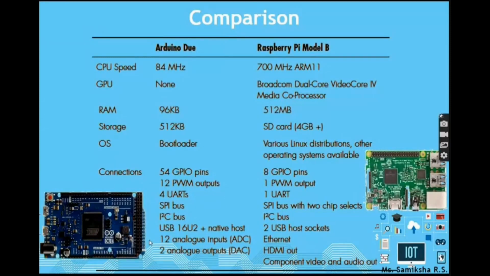Then USB native host is there over here, and here you have 2 USB sockets. Then it has 12 analog inputs, 2 analog outputs, and Raspberry Pi has Ethernet, HDMI output, and video and audio output also.